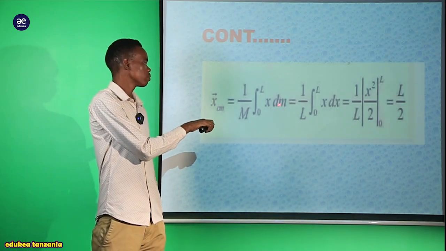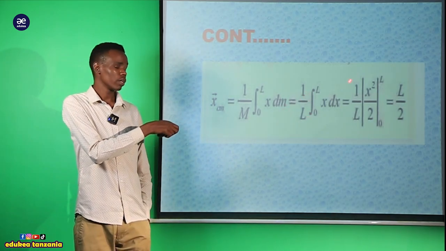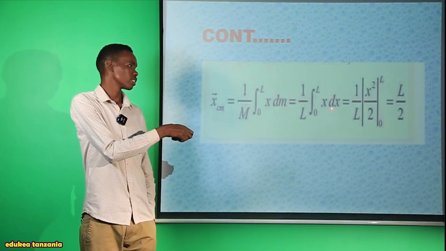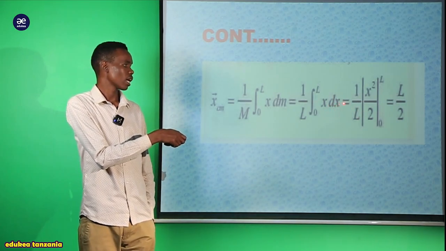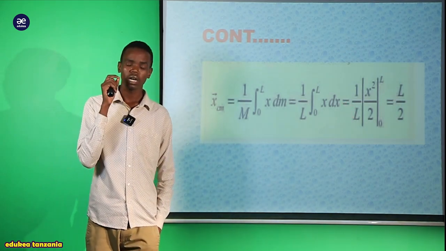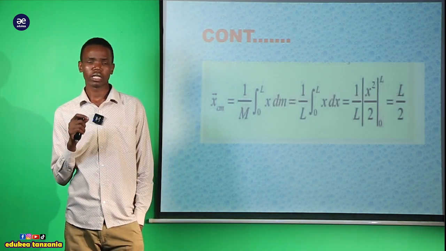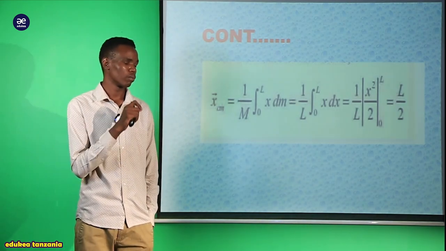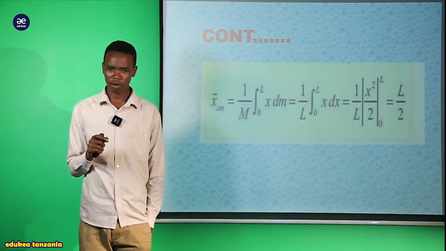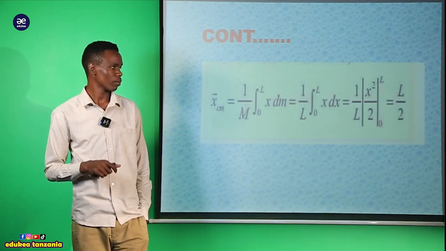Instead of writing in terms of dm and m, we say it is equal to 1 over L integral of x, because the change was along x, so it is x and then dx. After that, we integrate with respect to x, from 0 up to L, for the continuity of the rigid body.